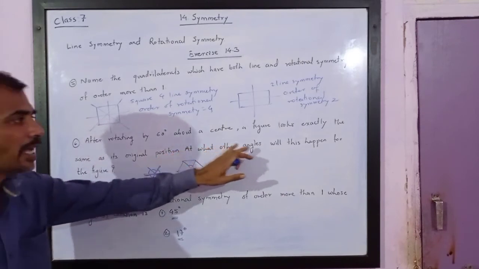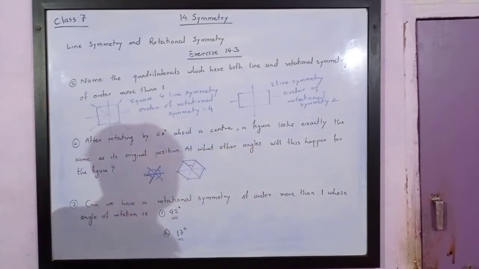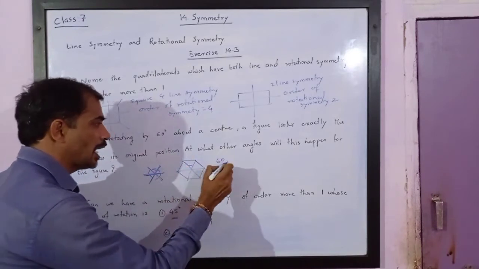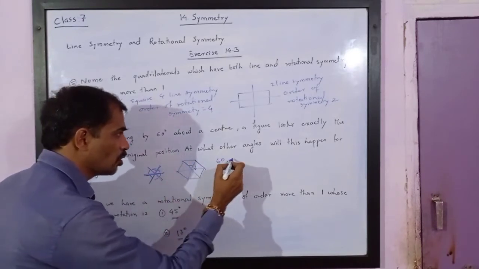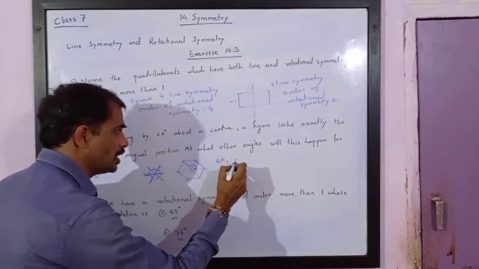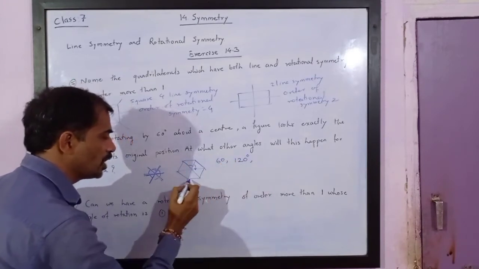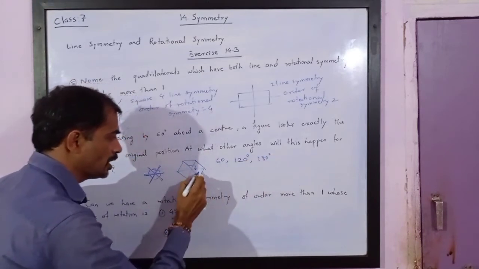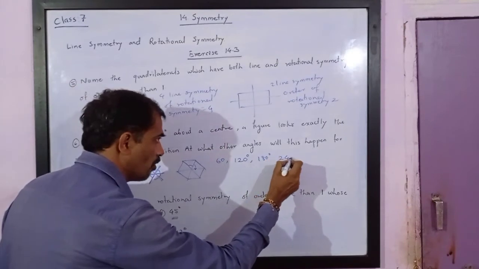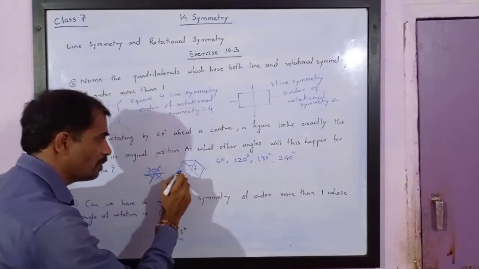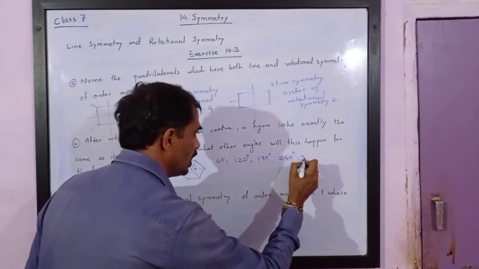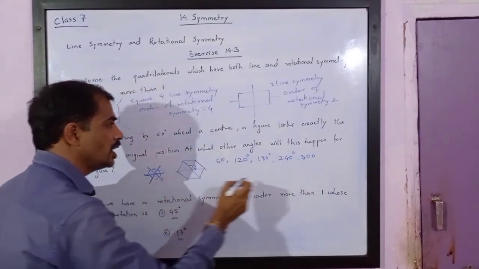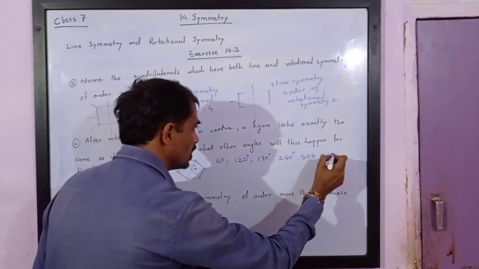At what other angles will this happen for the same figure? Now please note, if it is rotated through 60 degrees, it looks the same. Again, if you rotate through 60 degrees, the total change is 120 degrees. Again by 60 degrees, it will become 180 degrees, then 240 degrees, then 300 degrees, and then 360 degrees.